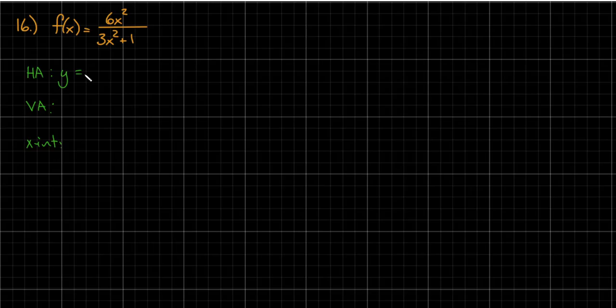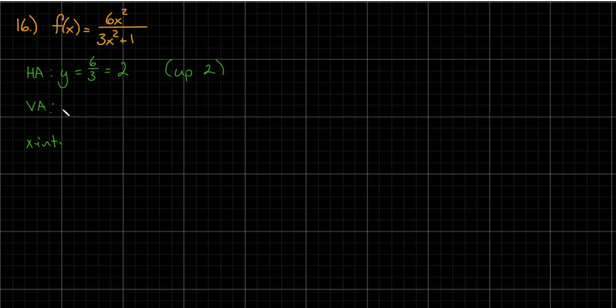The ratio of the leading coefficients. What's the leading coefficient up here? 6 over 3. Where's the horizontal asymptote then? Y equals 2. Now, if all we're doing is identifying the transformation, this graph has been moved up or down? Up how many? We already have it. Up 2.